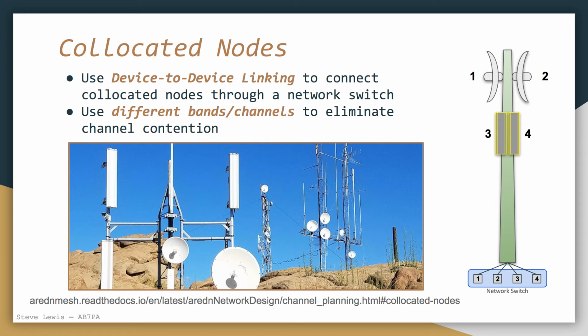This bridges all of their traffic while avoiding the issues involved with wireless RF channel contention. Nodes that are using different bands or channels can still pass data at high speeds through their DTD links. At a mountaintop site like the one shown here, it's best practice to DTD link all of the nodes because otherwise RF channel contention could make the network unusable.